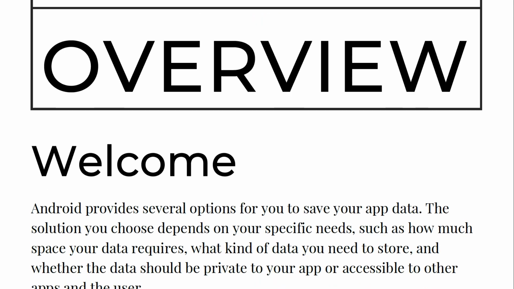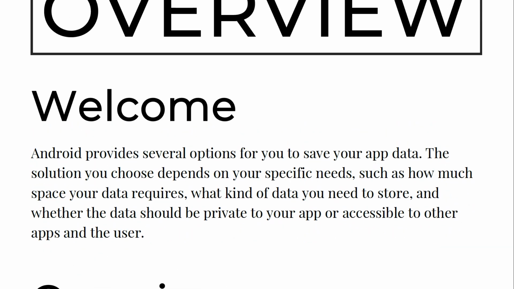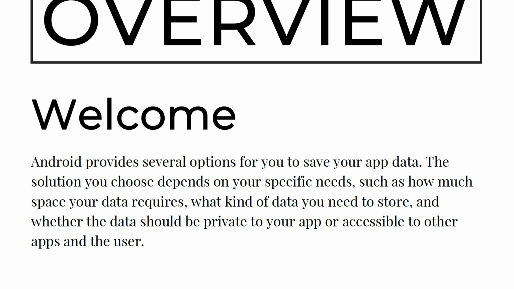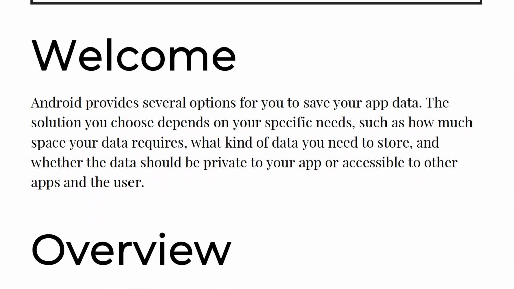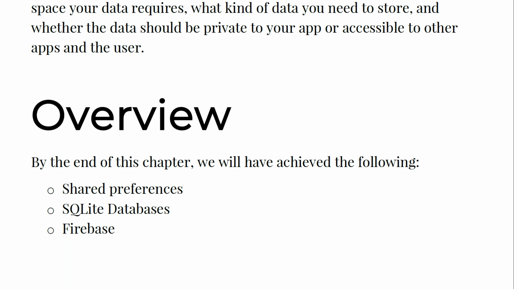Now, section 5. Android provides several options for you to save your data inside your app. The solution you choose depends on your specific needs, such as how much space your data requires, what kind of data you need to store, and whether the data should be private to your app or accessible to other apps and the user.